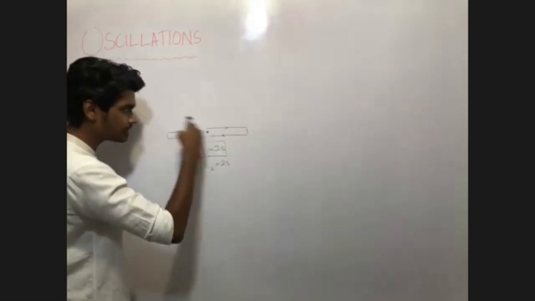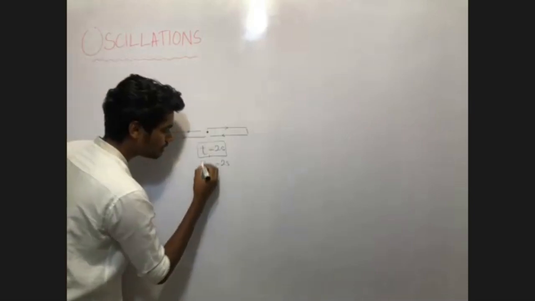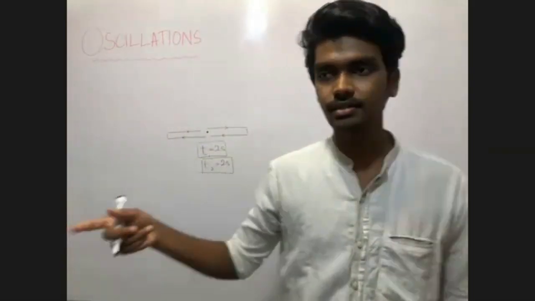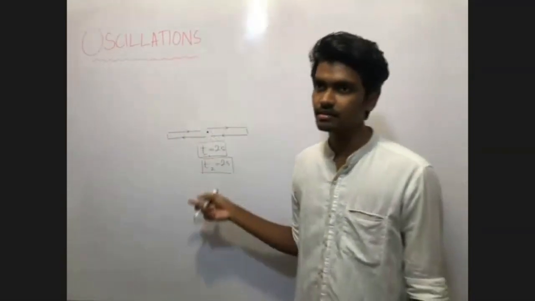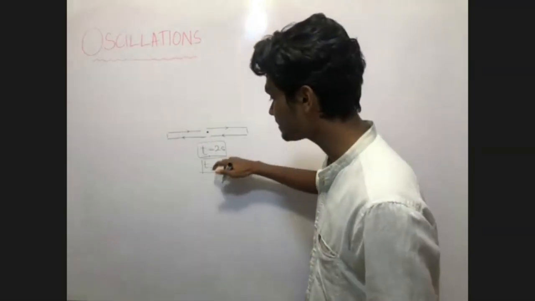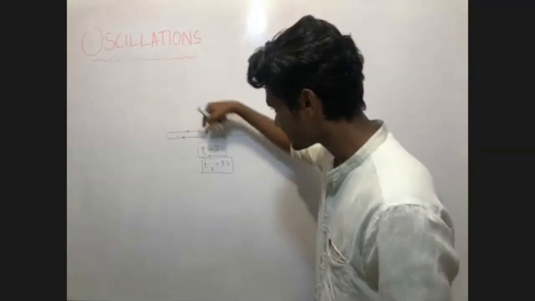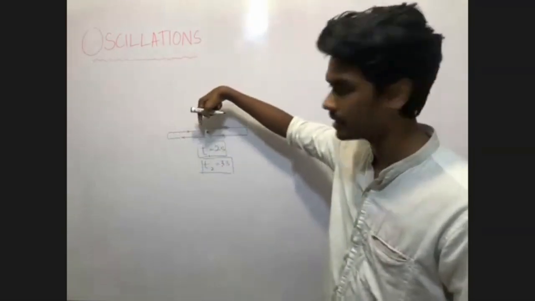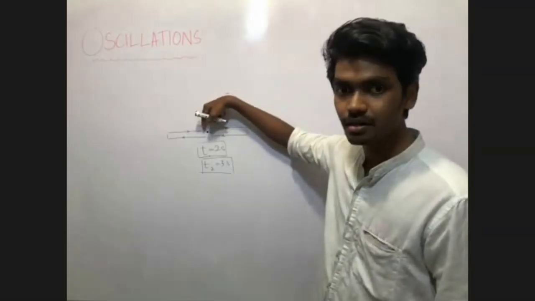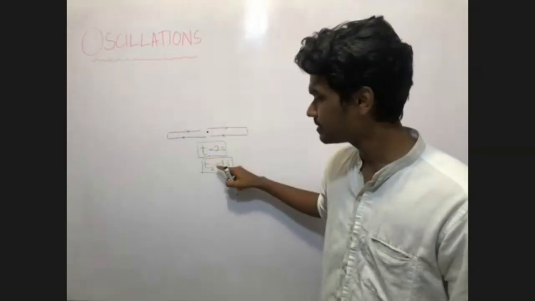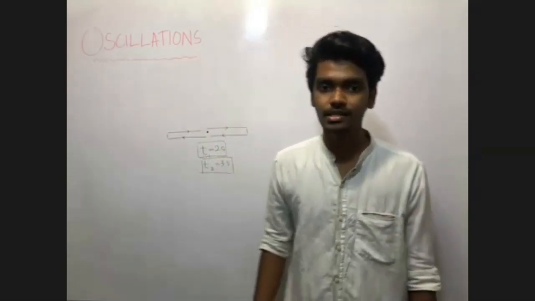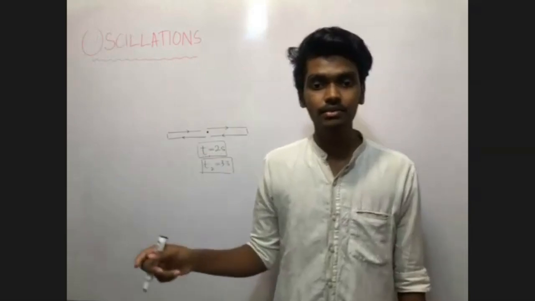Once again, if the same motion is repeated and it takes the same 2 seconds, then it can be considered as an oscillation. But if it takes 3 seconds, then yes, the same motion is repeated, it moves forward and returns back, but we can't consider it as an oscillation.